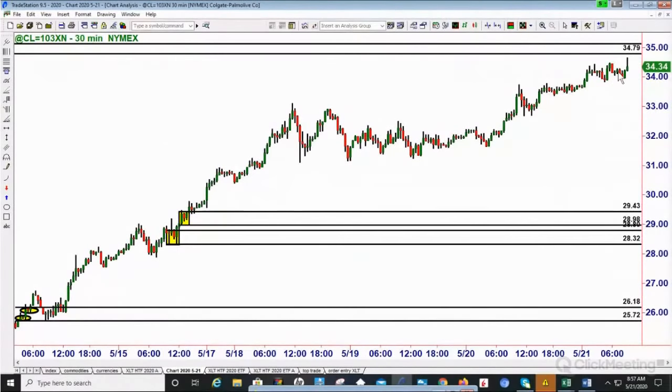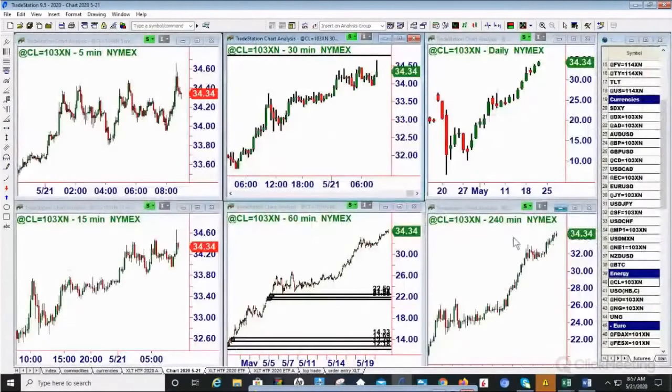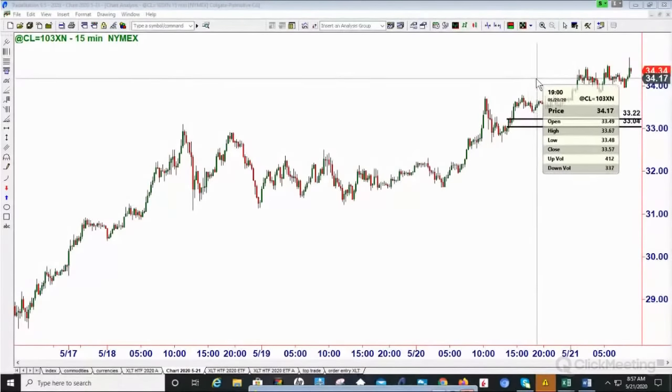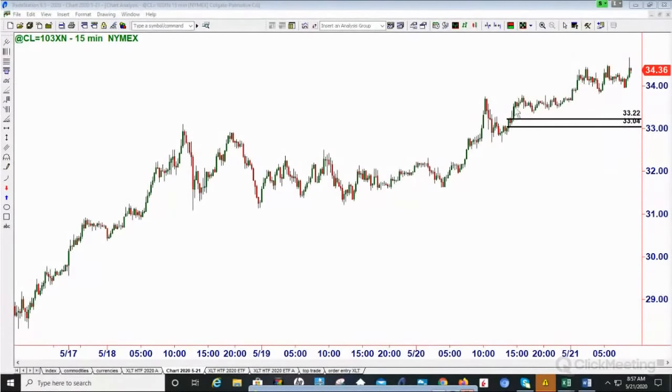In terms of the demand side, right down below this low here, we do have an end of the day area on the 15-minute at 33.22 to 33.04.